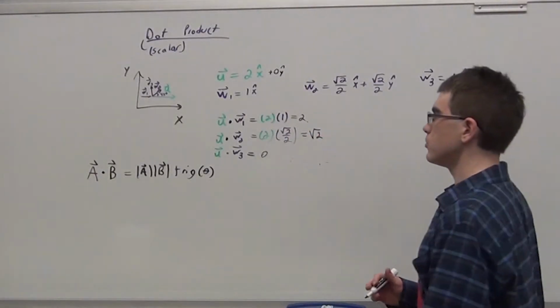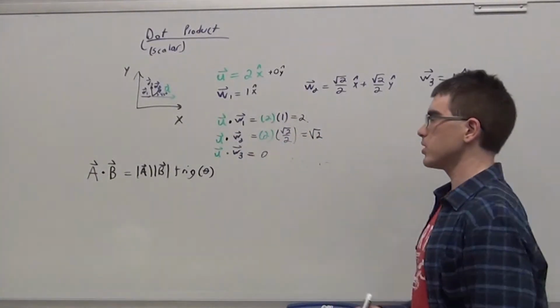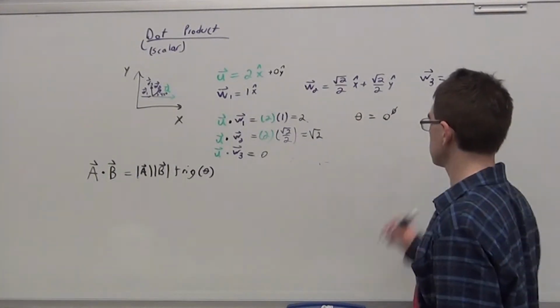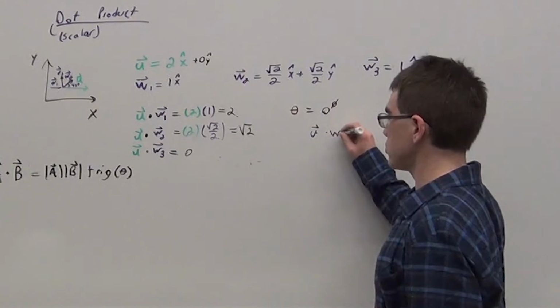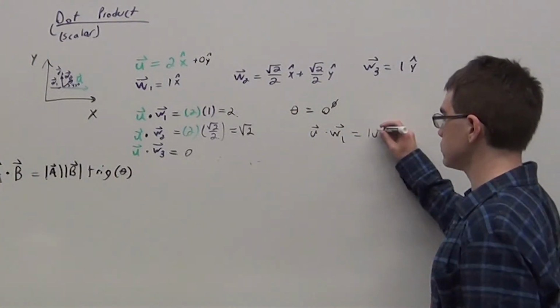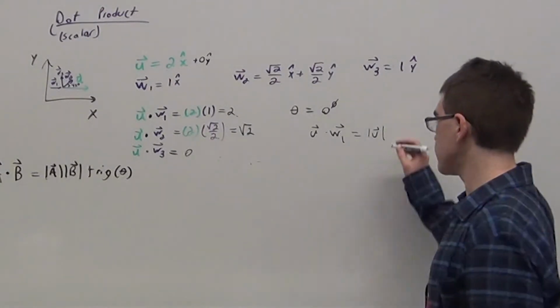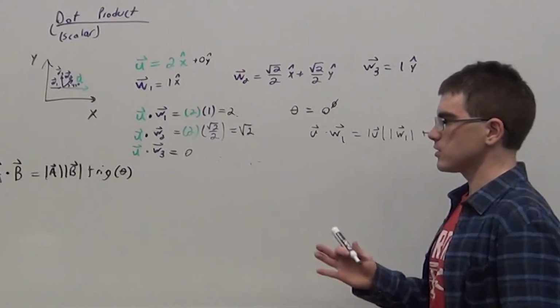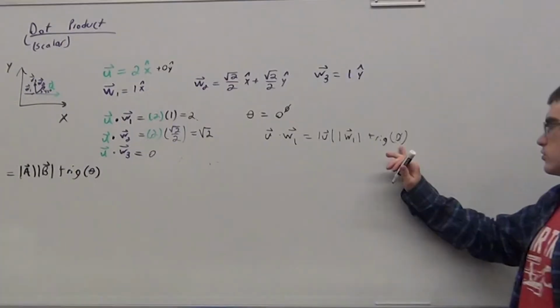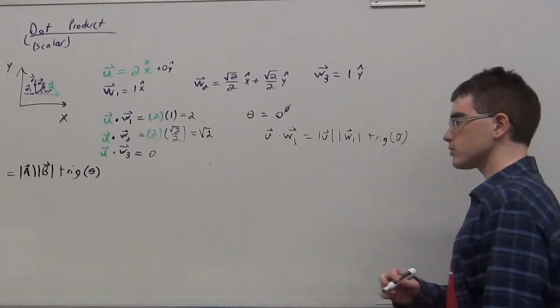In this example, when U and W were parallel to each other, theta is equal to 0. And U dot W1 was just equal to the magnitude of U times the magnitude of W1. And there's going to be some trig function here to scale it. Trig of 0 degrees.